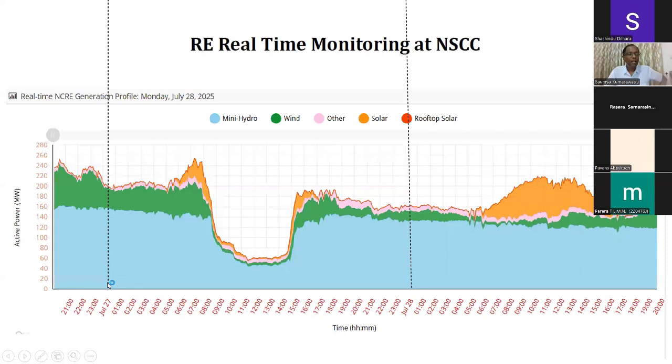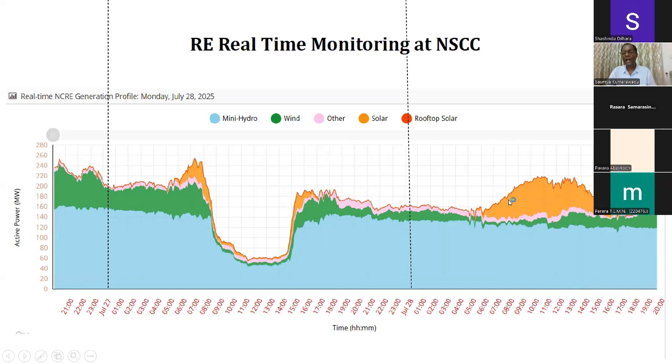You can see this is July 27th. This is a Monday. From here to here, Sunday. From this dotted line onwards, it's a Monday. You can see this topmost share in orange color.